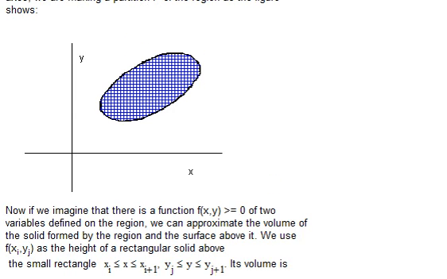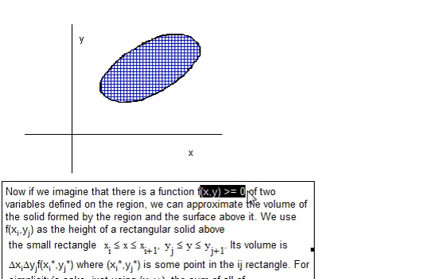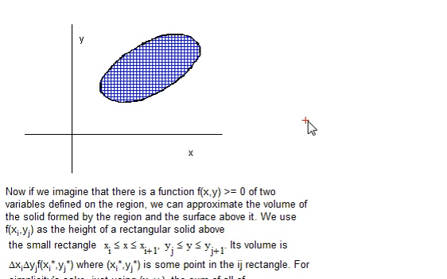We imagine there's a function f of x, y that's greater than or equal to 0, defined on the region. We can approximate the volume of the solid formed by the region as the bottom boundary, and the top is formed by this surface above that bottom boundary.